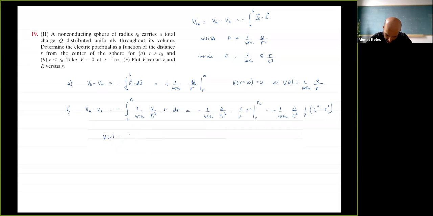The surface we know is 1 over 4 pi epsilon naught q over r0 plus 1 over 4 pi epsilon naught q over r0 times 1/2 minus 1 over 4 pi epsilon naught q over r0 1/2 r squared, something like that.